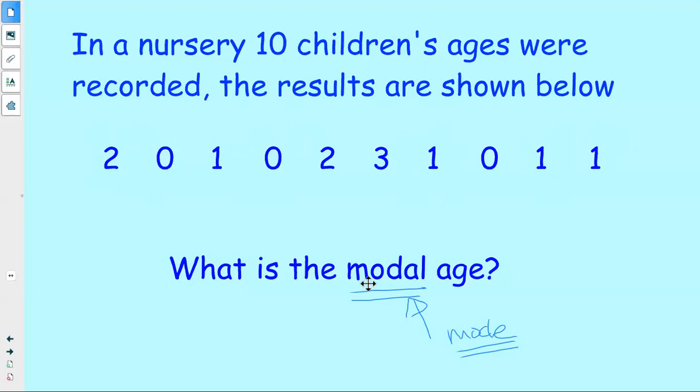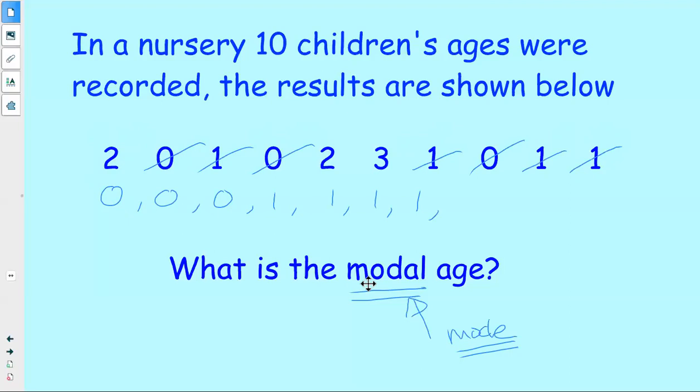Again, when you look at that, there's quite a lot of zeros, quite a lot of ones, quite a lot of twos. Again, it might be nice just to order it, just to make it really clear in your head. So 0, 0, 0. I can see there's 1, 2, 3 zeros. Good. 1, 2, 3, 4. It looks like 4 ones. 2, 3, 4.